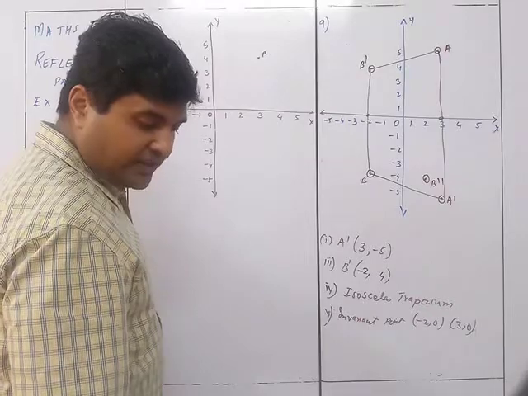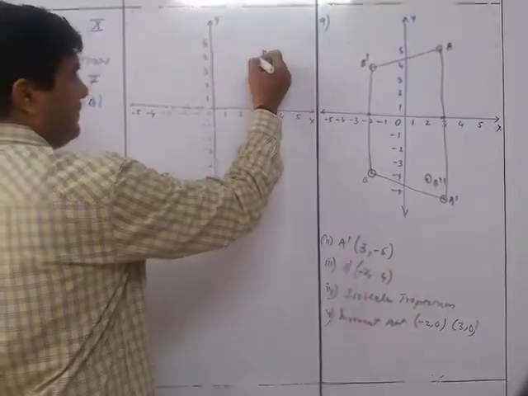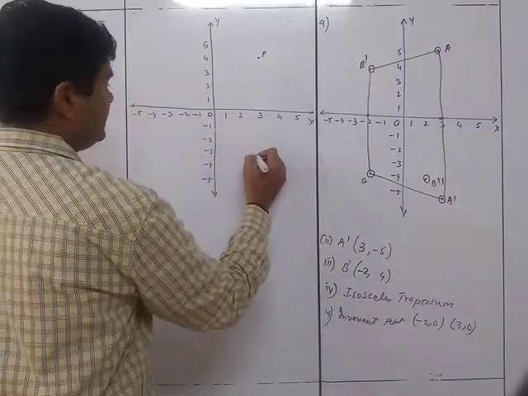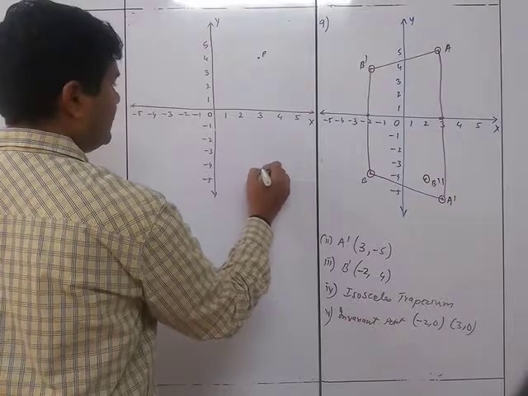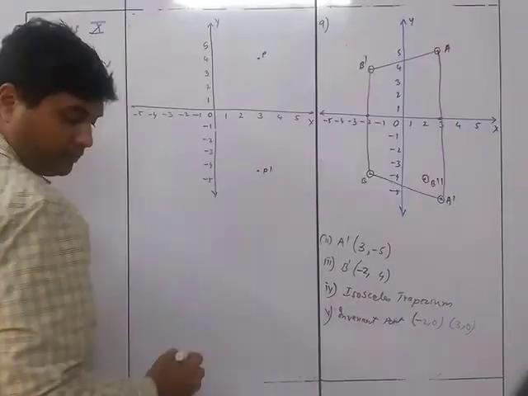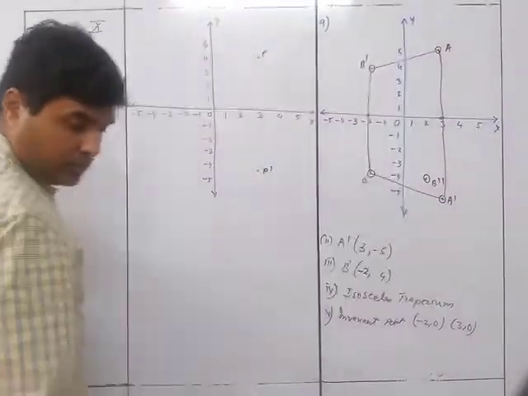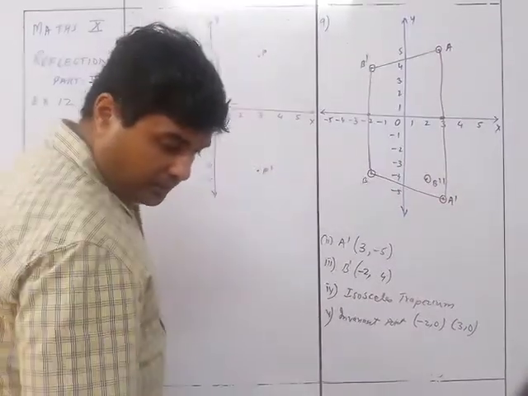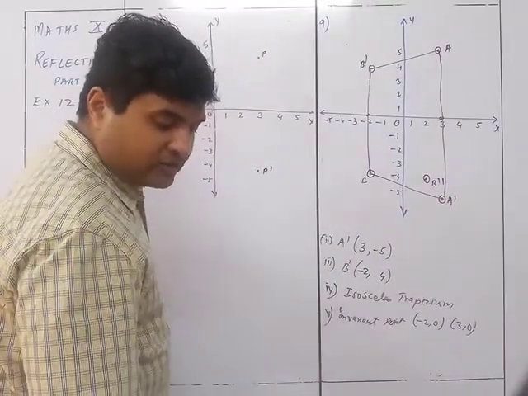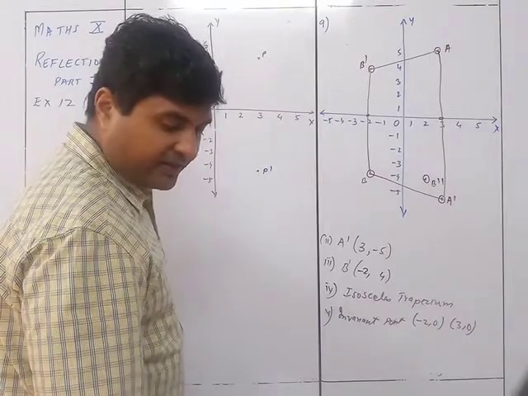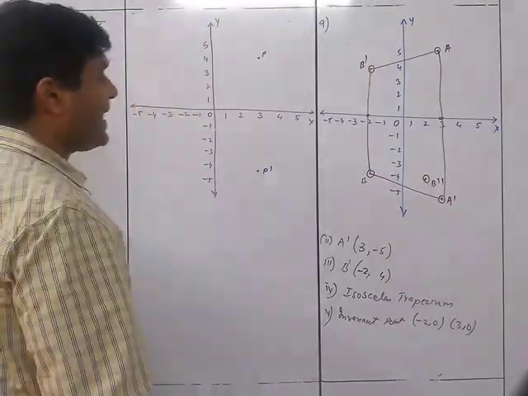Reflect to P dash in the x-axis. So reflect to P dash in the x-axis. So it will be 3, -4, P dash. And then O dash is the image of the origin when reflected through the point P dash.